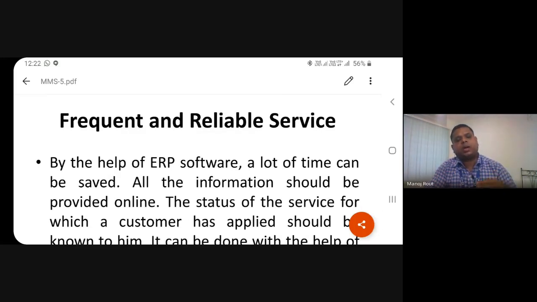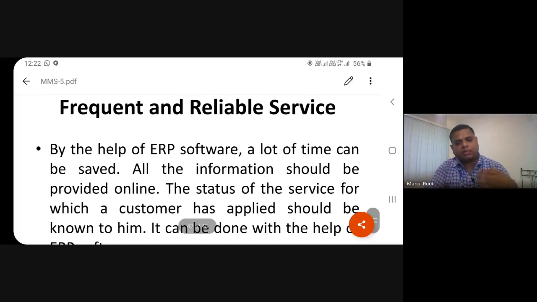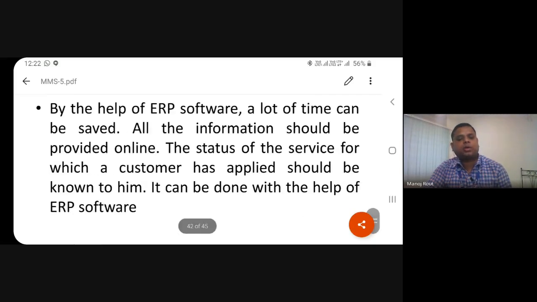If you take the example of frequent and reliable service as far as the ERP software is concerned, a lot of time can be saved, and all the information should be provided online, and the status of the service which the customer has applied for should be known to him. It should be done with the help of ERP software. That is why, 5 years back, they were not implementing the ERP systematically.